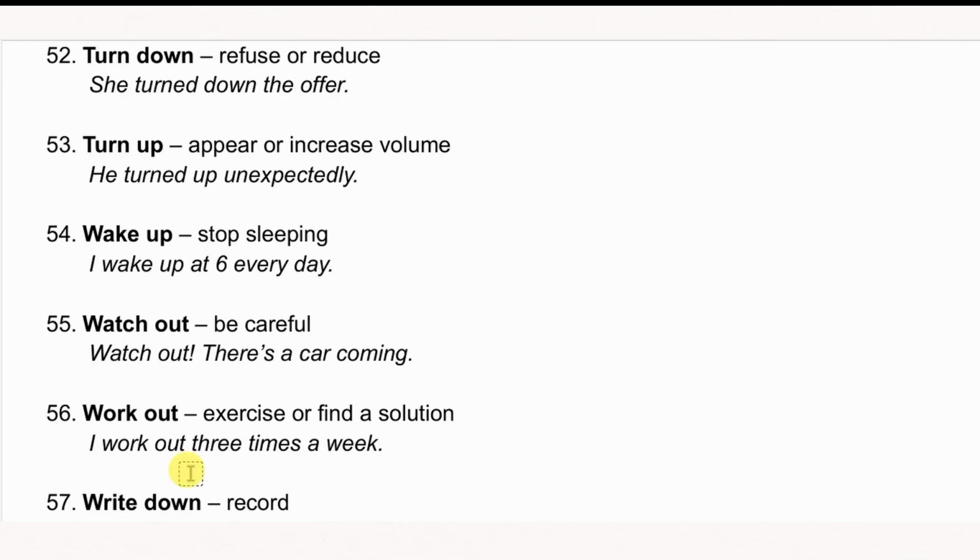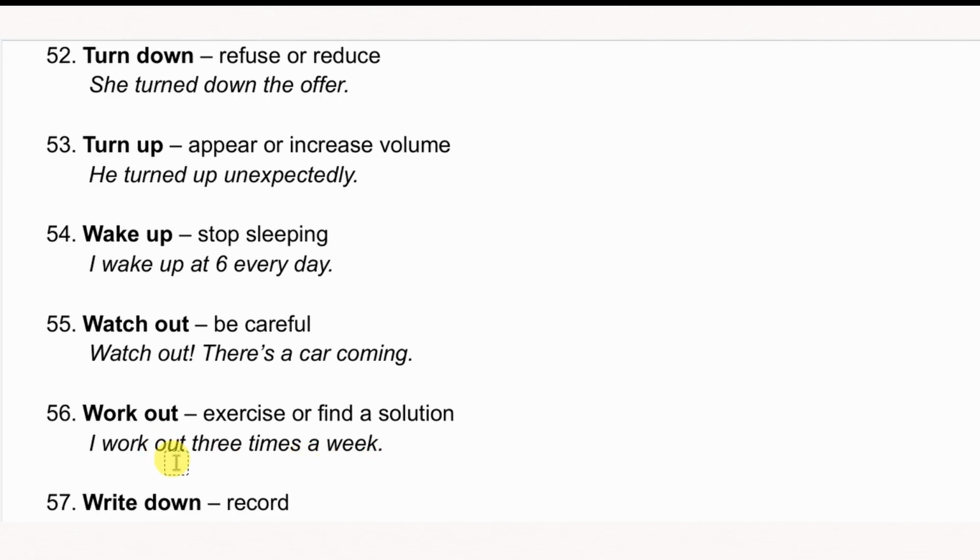56, to work out. To work out, this is to exercise or find a solution. It has two meanings, number one is to exercise. Like this example says, I work out 3 times a week. It does not mean that I find a solution 3 times a week, no, but it means I exercise 3 times a week.